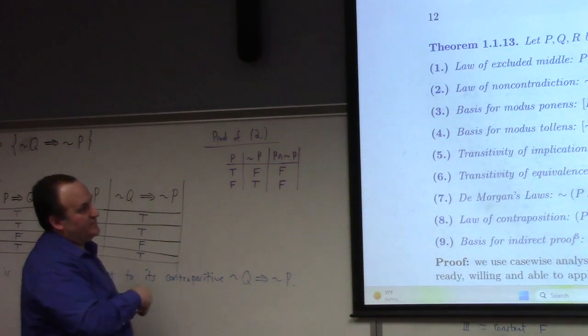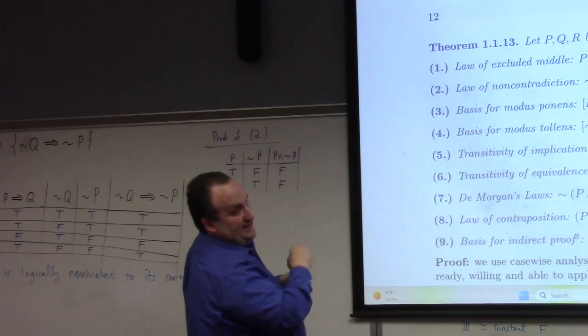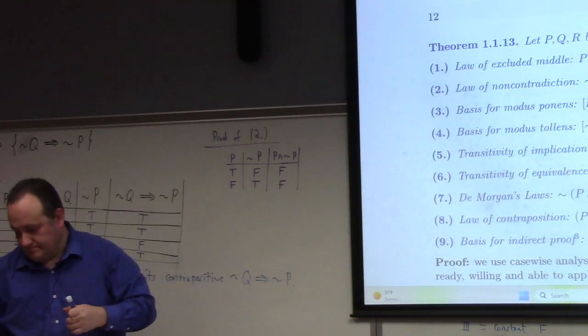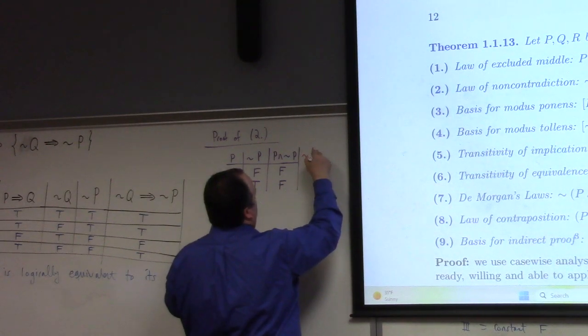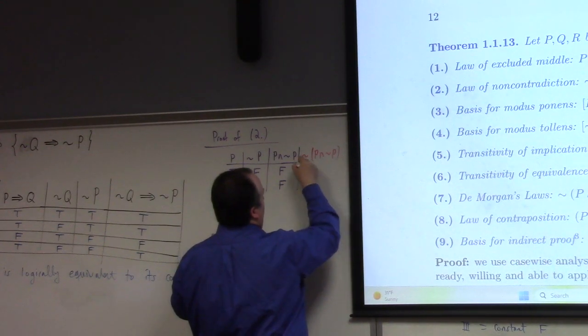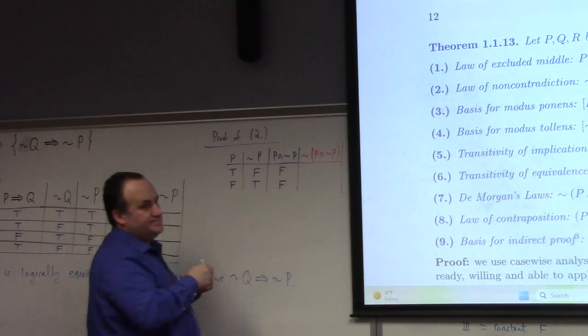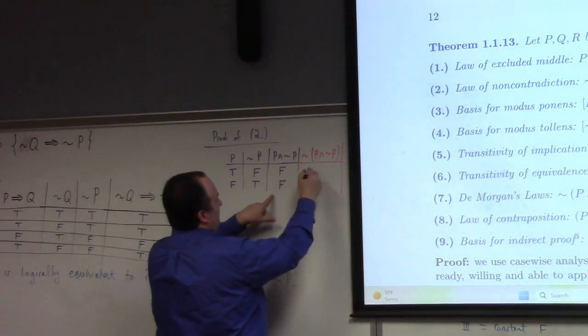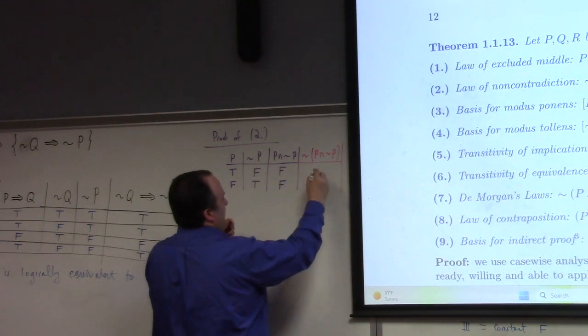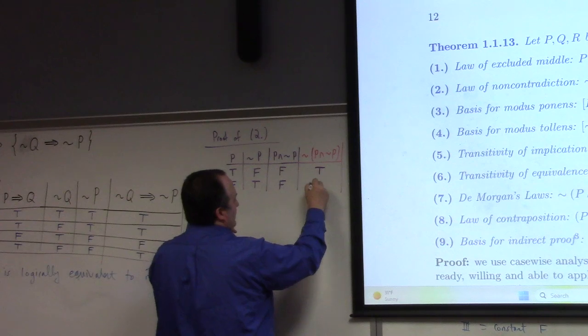So then what? Next step? Negate that, right? So when we're negating P and not P, how's that go? False becomes true. Oh man. Trying to write with the other end of the marker, that's not going to work.